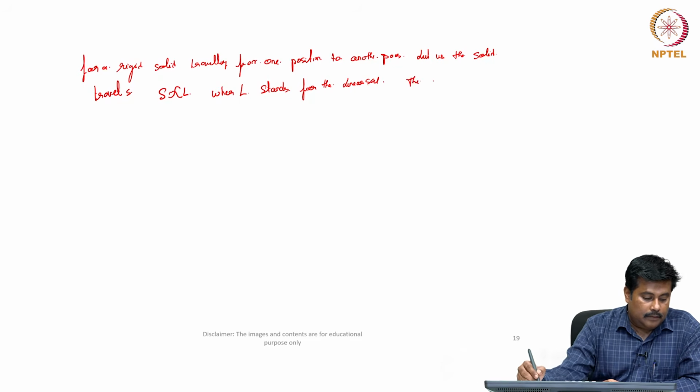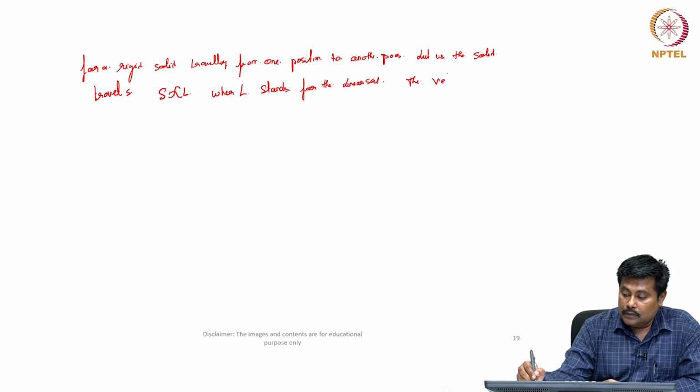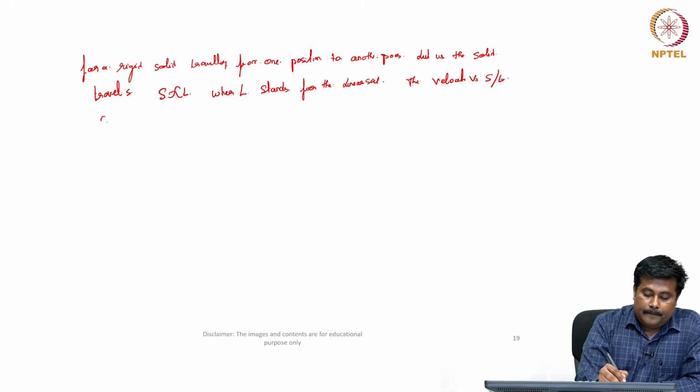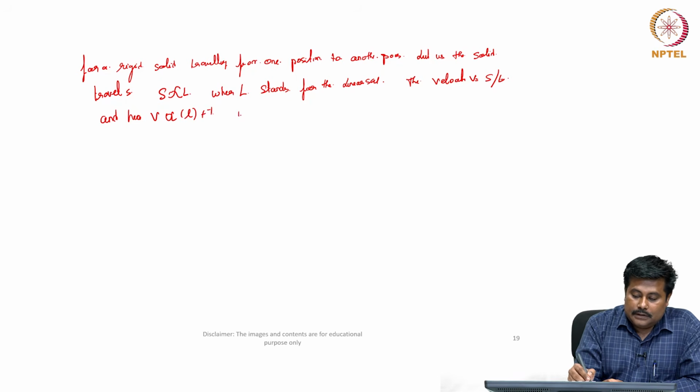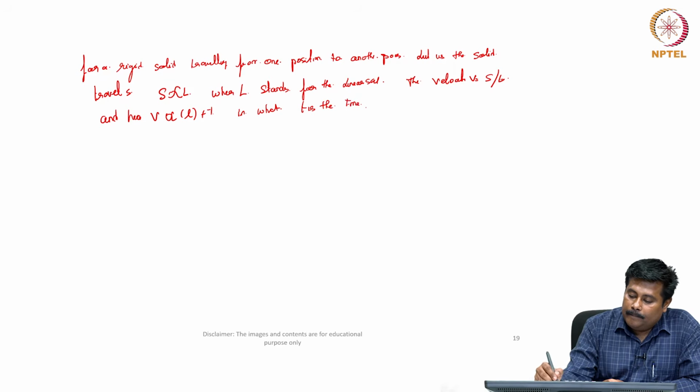The velocity V is V equals S by T, and hence V is proportional to L T power minus 1, in which T is the time required for the travel.